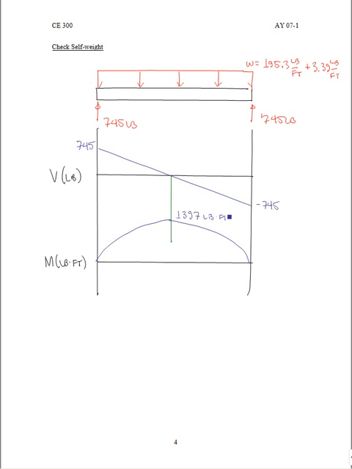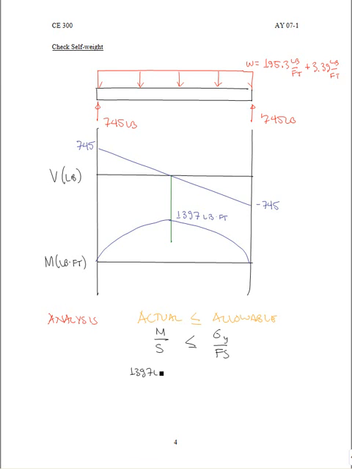The maximum moment is now 1,397 pound-feet. So if we walk through the analysis, where our starting point is still that the actual is less than or equal to the allowable, we want to now compare the actual stress within the beam, including its own self-weight, and make sure that it is less than or equal to the yield stress divided by the factor of safety.